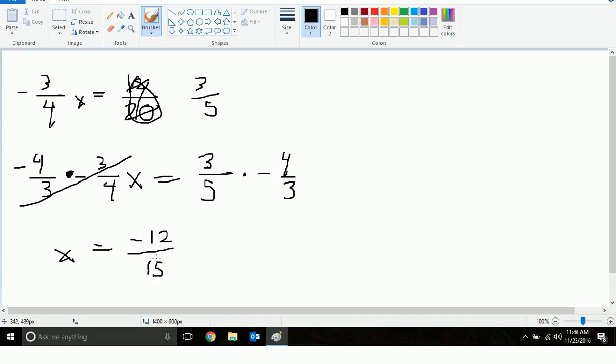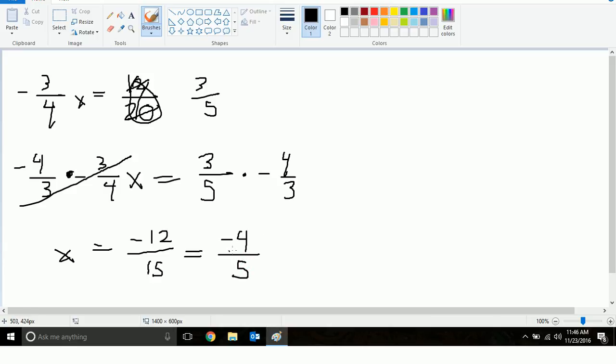So we're going to divide the top by -3, or just really +3 in this case. And that's going to give us -4. -12 divided by 3 is going to give us -4. 15 divided by 3 is going to give us 5. So we have the same answer.